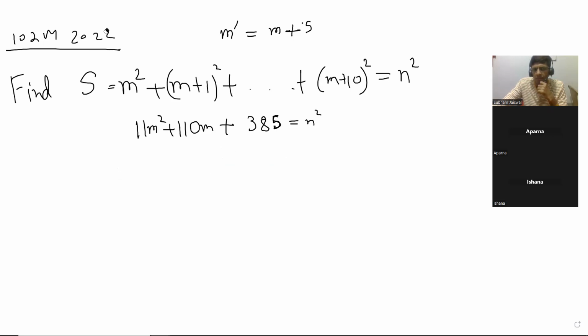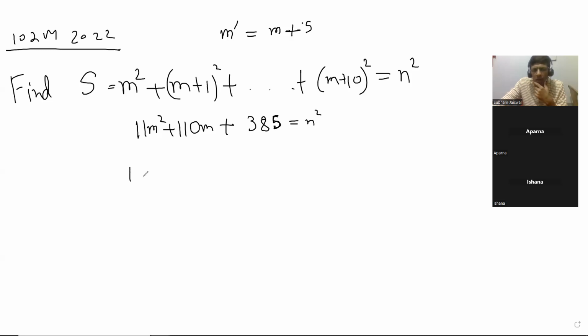But we can first take the value of m as 1, then see the minimum value for n square, because they're both positive integers as mentioned. So then we find out the minimum value for n. What do you mean by minimum value for n? You put m equal to 1, and you get this number.